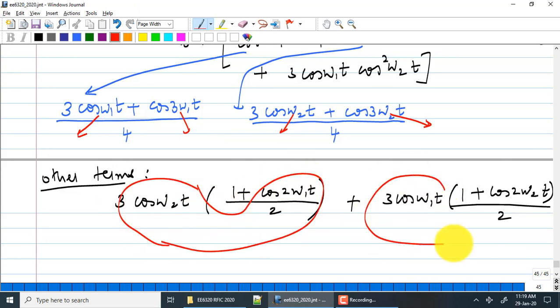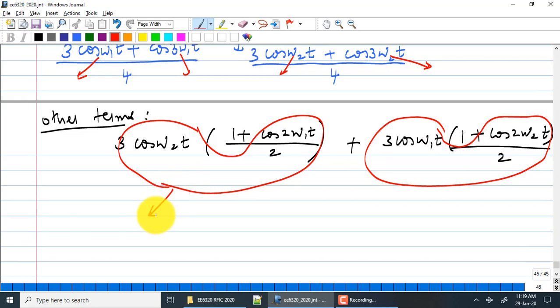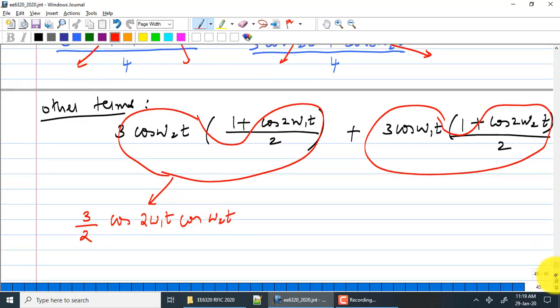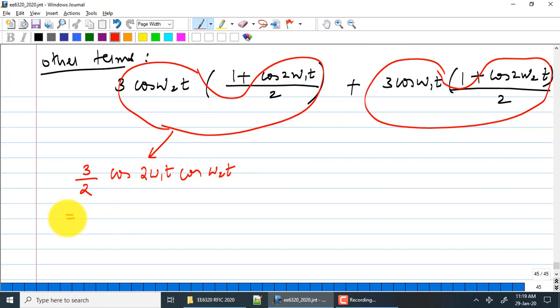Okay, I am interested in these terms. What does this give me? 3 by 2 cos omega 2t cos 2 omega 1t. Correct? What is that? What is this? 3 by 4 cos of 2 omega 1 plus or minus omega 2.